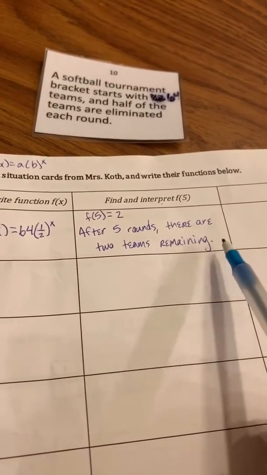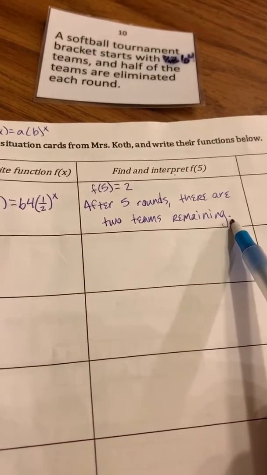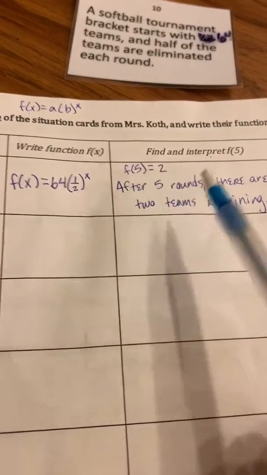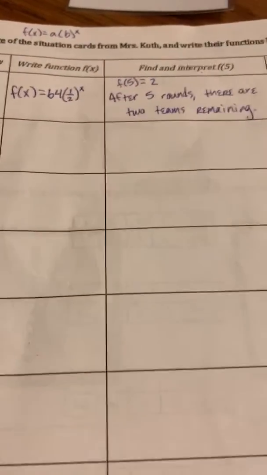Capital letter and period. I need you to use the 5 and the 2, or whatever those numbers happen to be in your problem. I need you to use both of them in your answer, or I'm going to make you fix them.